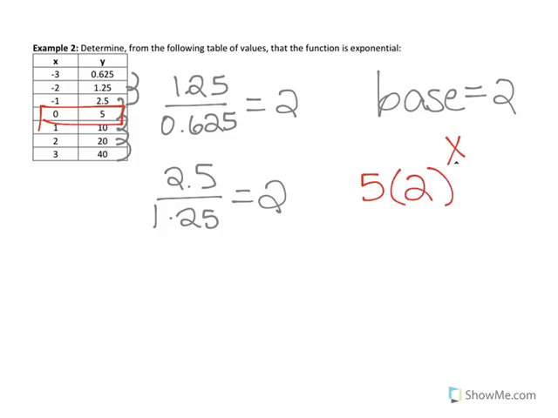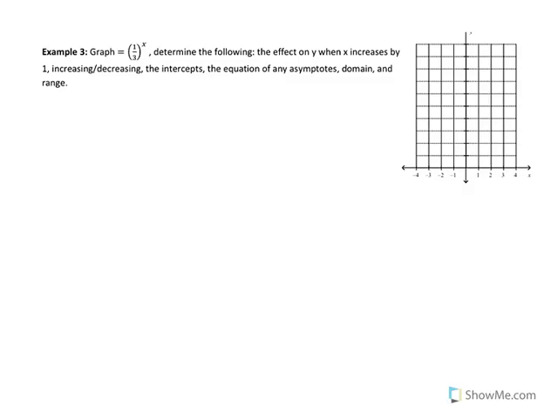x. And the last one, we're going to graph y equals (1/3) to the power of x. Determine the effect on y when x increases by 1. If it's increasing or decreasing, the intercepts, equation of any asymptotes, domain, and range. Okay, so first of all, my y-intercept is 1 because there's nothing in front of the brackets.